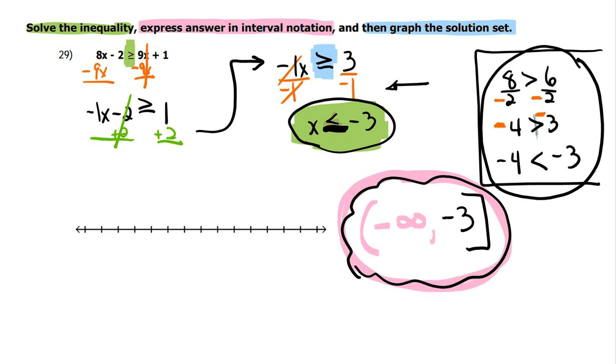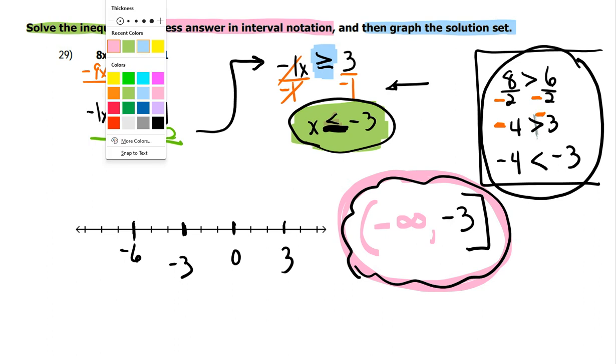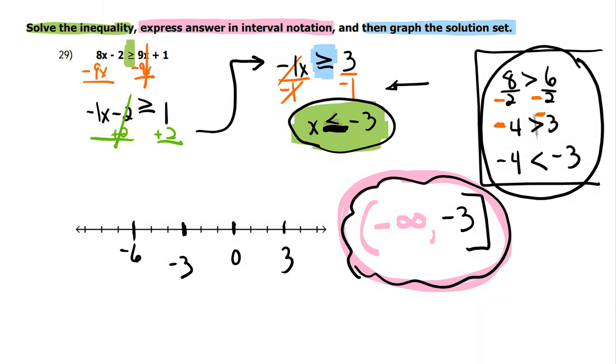And then you go over to the number line and just pick a number. Here, that's negative 3, so negative 4, negative 5. Here would be negative 6. Here would be 0. Here would be 3. And then, since I highlighted it in blue, I'm gonna graph it in blue. Okay. You go to the negative 3.